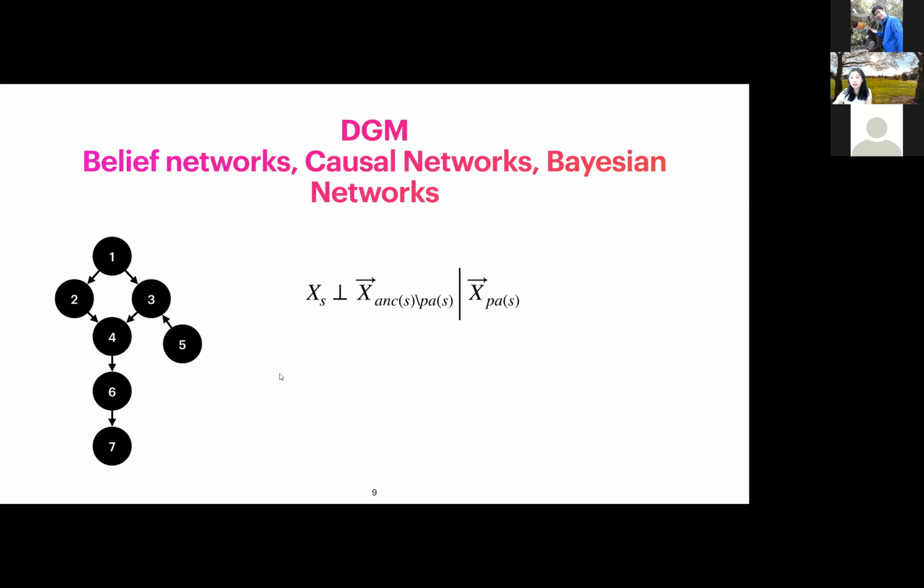Essentially, if you can find such a conditional independence, your graphical model has to be consistent with it.